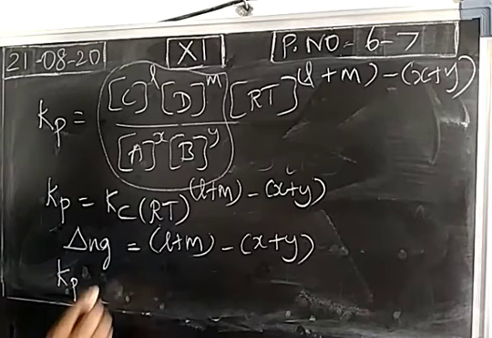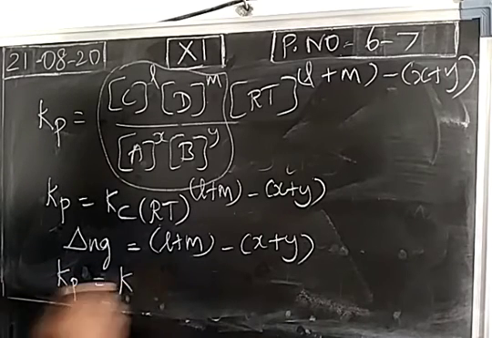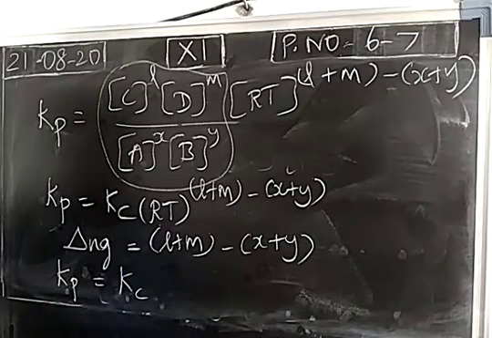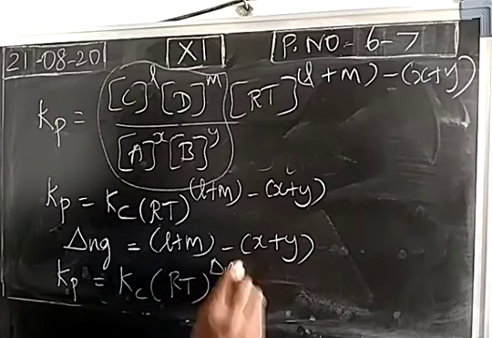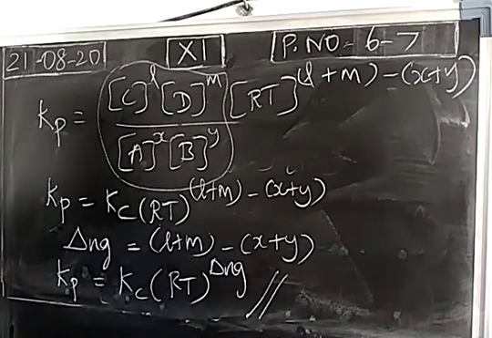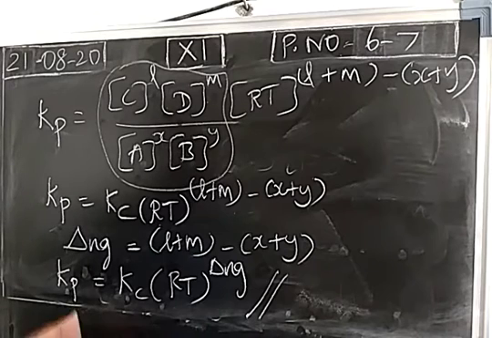So the equilibrium constant in terms of partial pressure is equal to the product of the equilibrium constant in terms of active mass and RT power delta Ng. So this is called the relationship between Kp and Kc. This is a public 5 mark question. You have to derive that. So take the general equation.